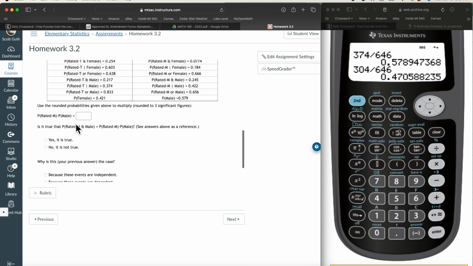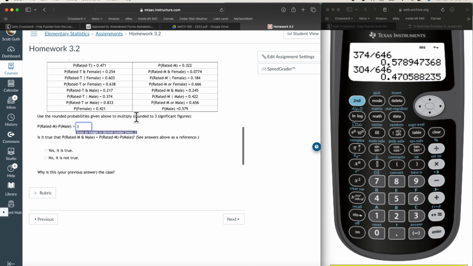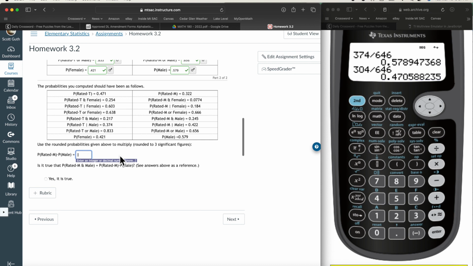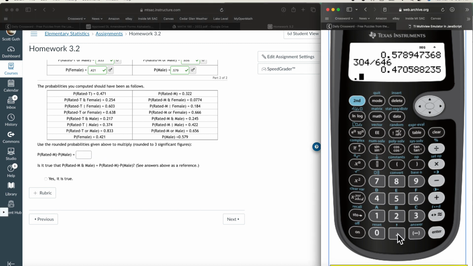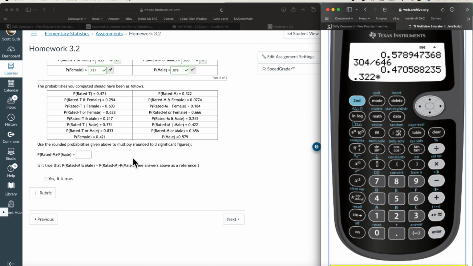And then we're going to do, again, this whole issue of whether being rated M is independent of gender. So right now, we're going to just compute the computation here for rated M. Was 0.322, so we're going to multiply that, 0.322, and then times the probability of male.